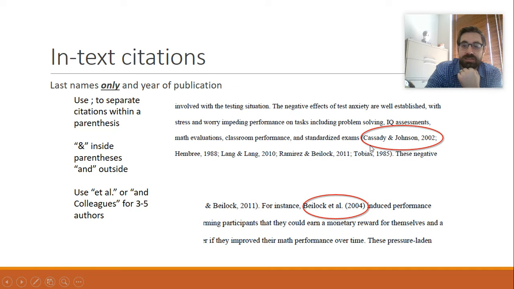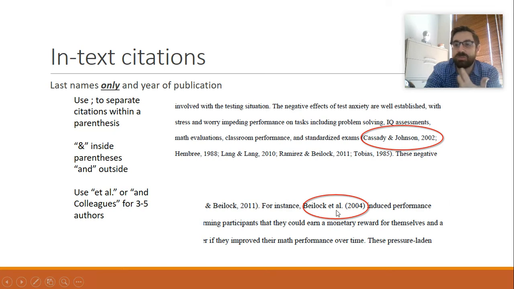Inside parentheses like this, where the citations occur in parentheses, you're going to use the ampersand. Outside of parentheses, you're going to spell out and. So you won't use the symbol, you'll use the word and. If you have 3 or more authors, this should actually be 3 and up to any number of authors, you're going to use et al. or and colleagues.